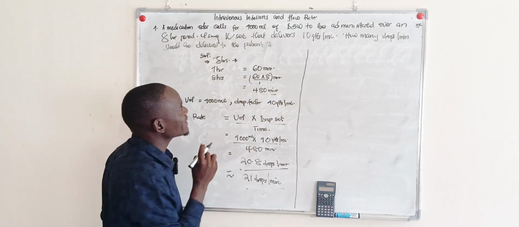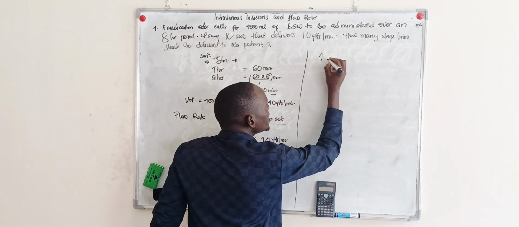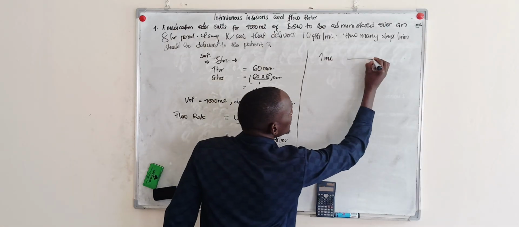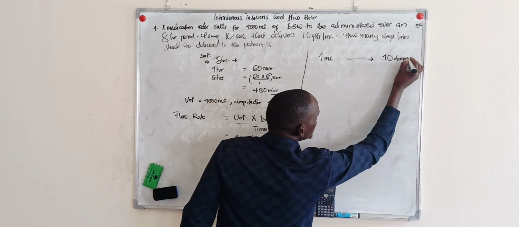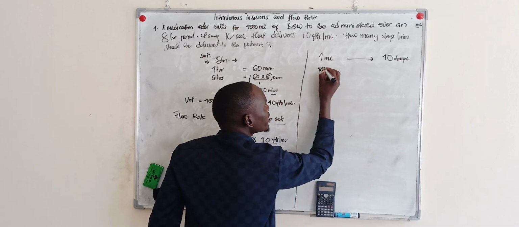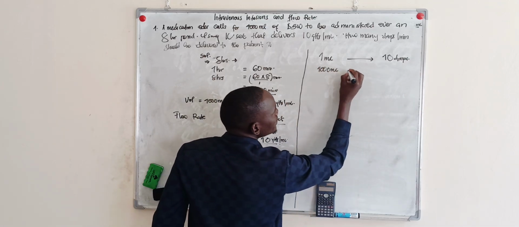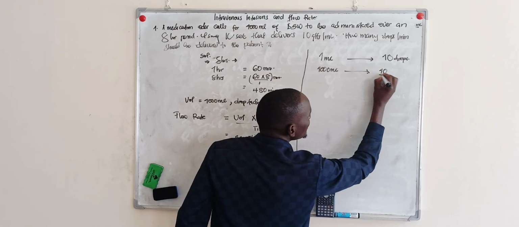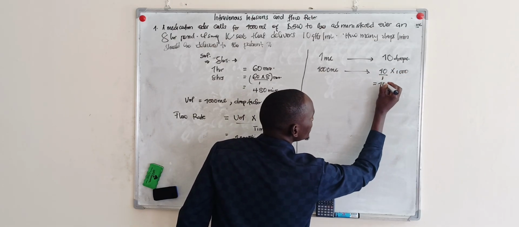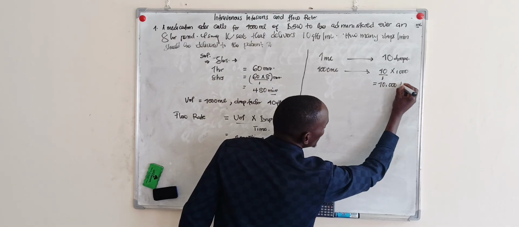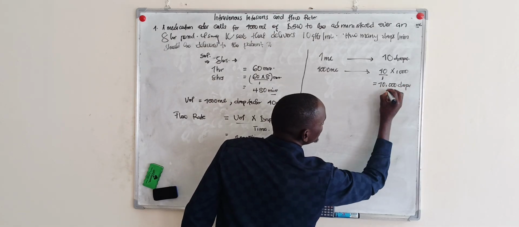But remember, we are saying that 1 mL has 10 drops. How about the 1,000 mL? This will have 10 divided by 1 times 1,000. And when you compute, we shall have 10,000 drops.